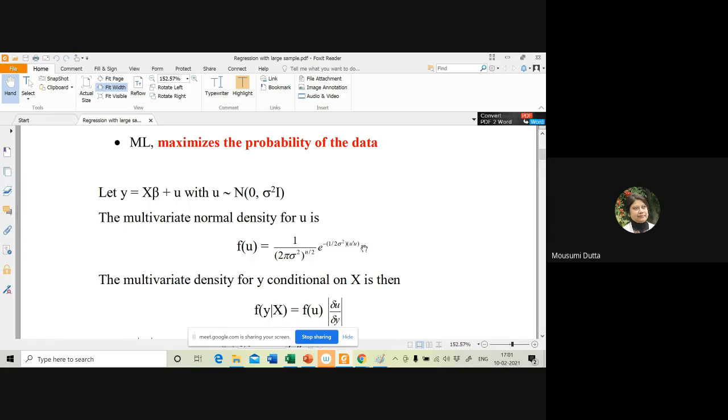So it should be u_i minus u bar whole square kind of thing. Now u bar is expectation of u_i, that is equal to 0. And whole square in terms of matrix notation comes in the format u prime u. So (x_i minus mu) whole square has been replaced by u prime u. So this is the format of the multivariate normal density for the error term u_i, or u vector.